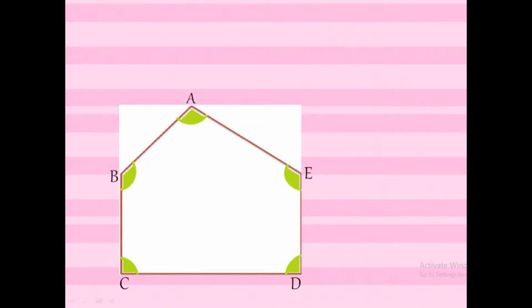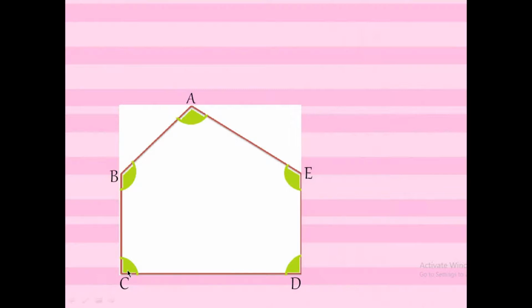Let's learn about adjacent angles. Here 5 angles are marked: angle A, angle B, angle C, angle D, angle E. When you consider the angles B and C, these two are adjacent angles because they have a common side BC, right?